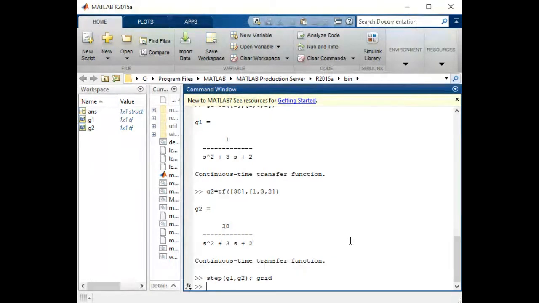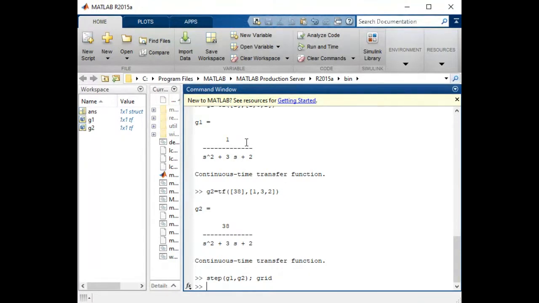So without using MATLAB to do that, can somebody tell me what would be the new transfer function when we close this loop? Let me go back. Look at this.